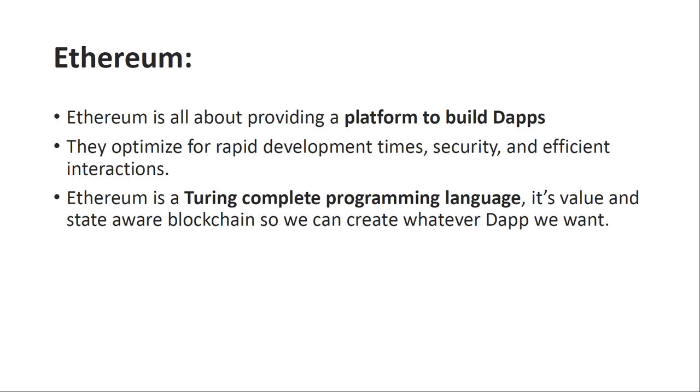They're optimized for rapid development times, security issues, and efficient interactions. And Ethereum has a Turing complete programming language. So it's a value blockchain and a state-aware blockchain. So we can create whatever distributed application we want.